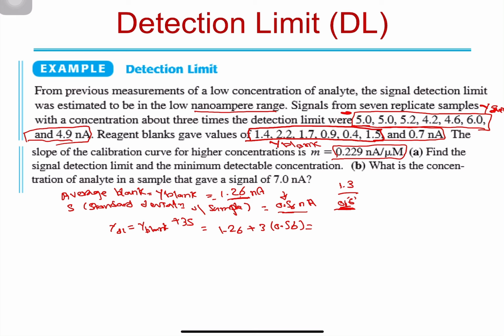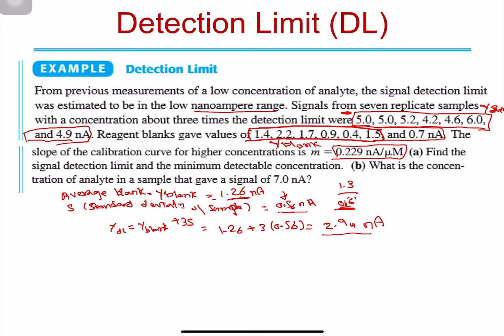So the signal detection limit is 2.94 nanoampere. So this is the lower detection limit for our signal, or the signal lower detection limit.